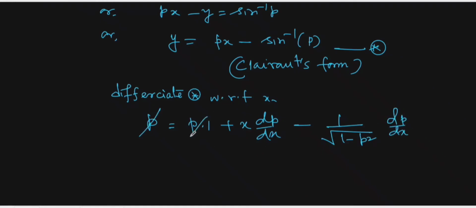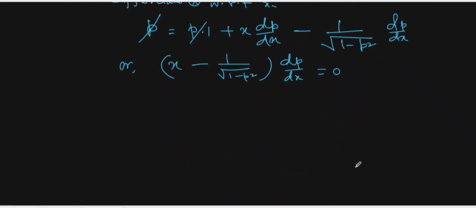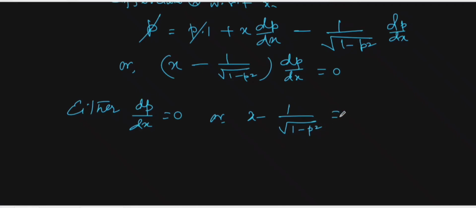So p gets cancelled. We will have x minus 1 upon root over 1 minus p square times dp/dx equals 0. So from here we have either dp/dx equals 0 or x minus 1 upon root over 1 minus p square equals 0.